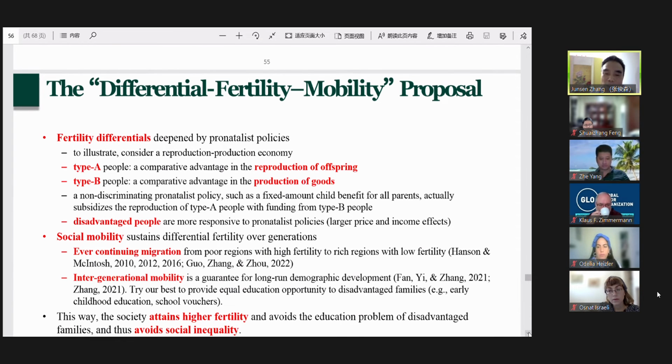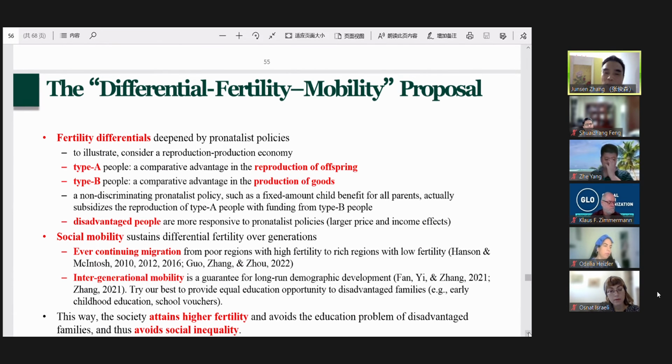Because the poor people having a lot of children with lower education, although they are appropriately subsidized, their future is still much less promising than the high-income family. So if we just simply take care of the comparative advantage, that would lead to another severe problem.